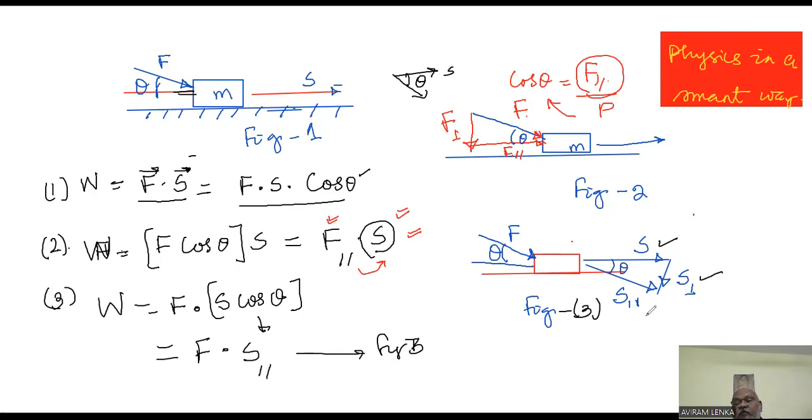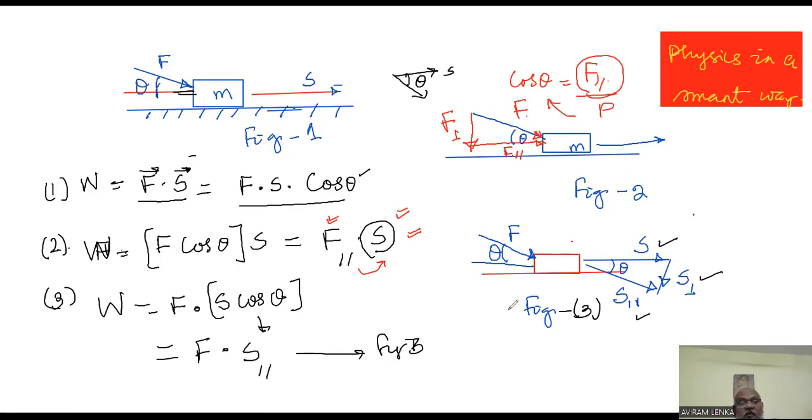One is S perpendicular, the other is S parallel. S parallel means the component of the displacement which is parallel to the force, and S perpendicular means the part of the displacement which is normal to the force.